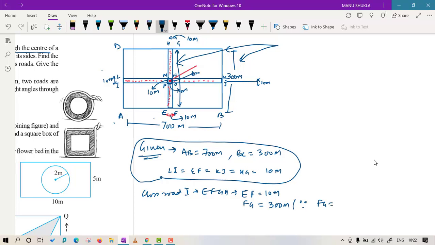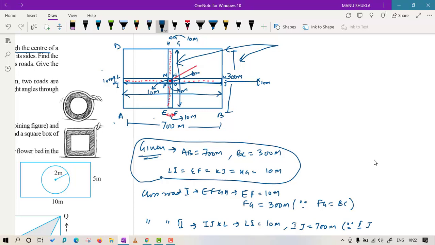Similarly, I can find crossroad 2. Crossroad second, the name is IJKL, in which I know LI is how much? 10 meters, and I need to find the length of IJ. IJ is same as what? Please try to see. This is IJ. It is same as what? AB only. And AB is 700 meters, because IJ is same as AB.